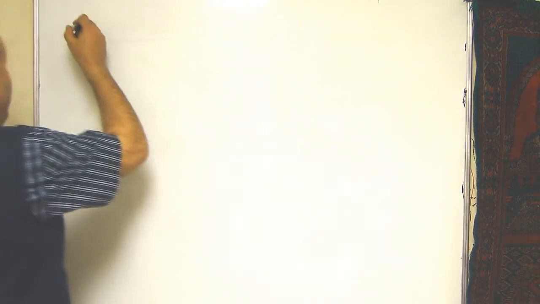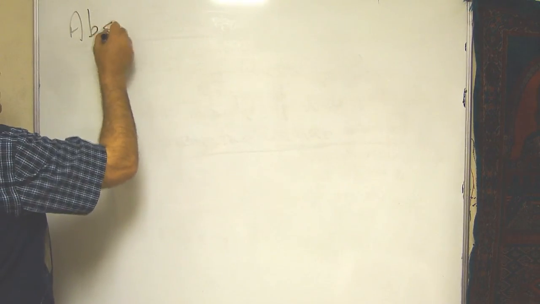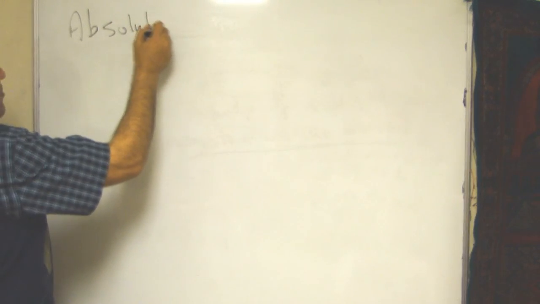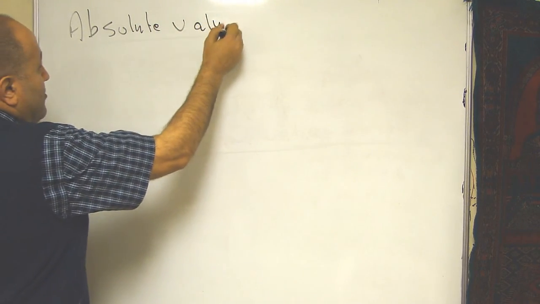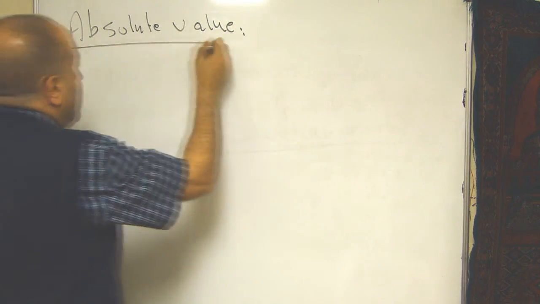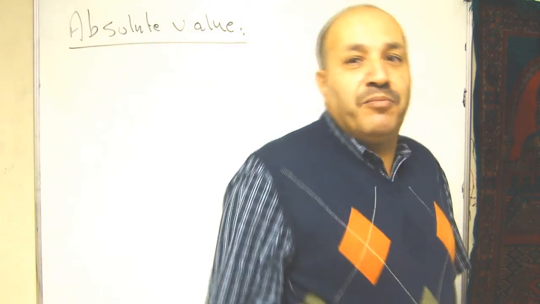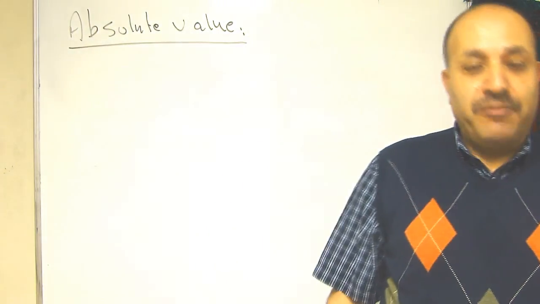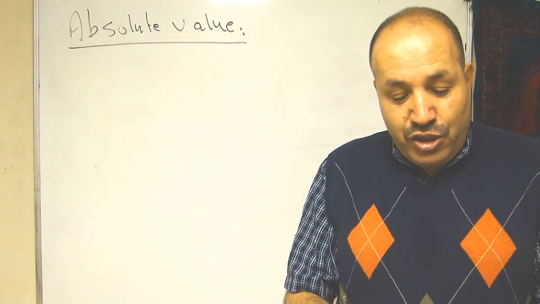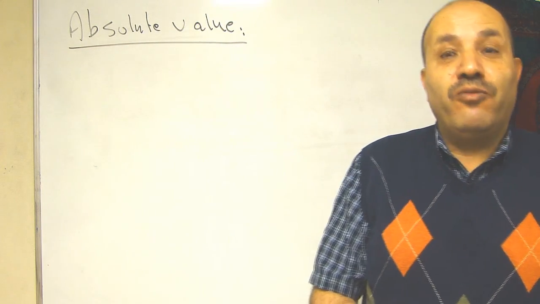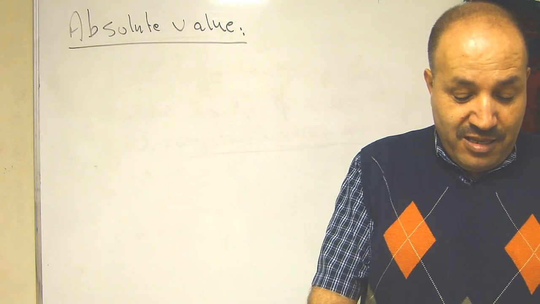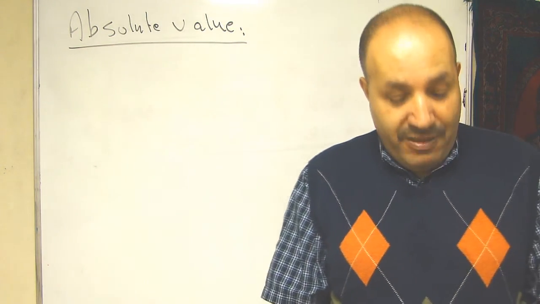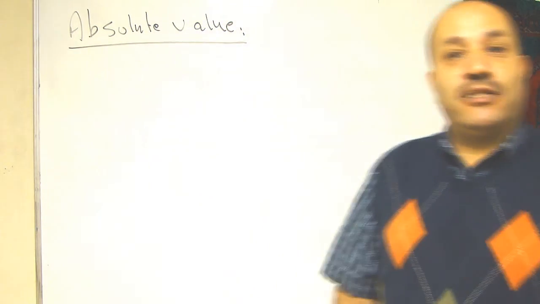The absolute value. What do we mean by the absolute value? It means to change the sign of the inside if it was negative. If it was positive, we will not change it.